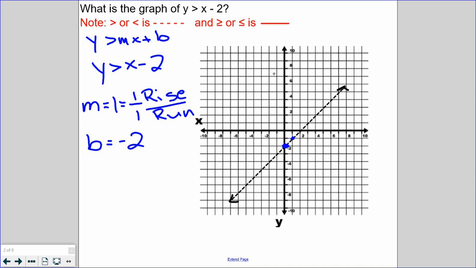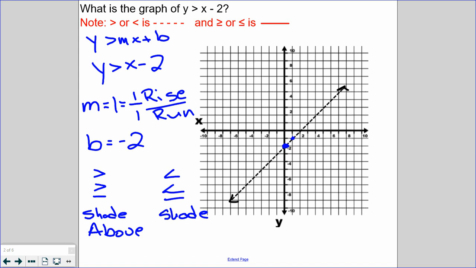And the way that you know whether it's above or below is if the symbol is greater than or equal to, then we shade above. And if the symbol is less than or equal to, then we shade below.